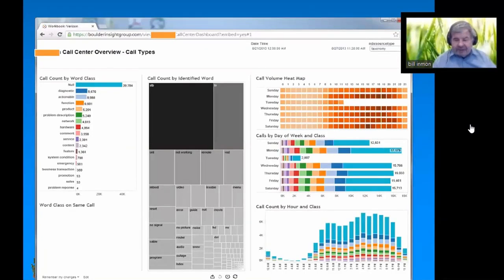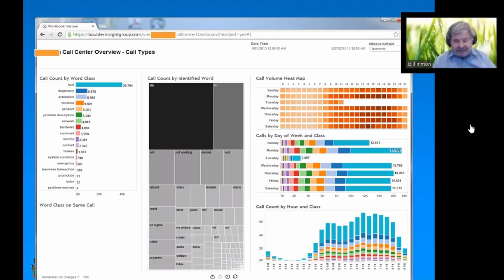So we told them, well, we can take what you have here and put it into the form of a visualization. And this is a visualization of the phone conversations that have occurred. Now, on the top left-hand side, we see the general categorization of what the phone call was about. Was somebody complaining? Was somebody wanting to install something?